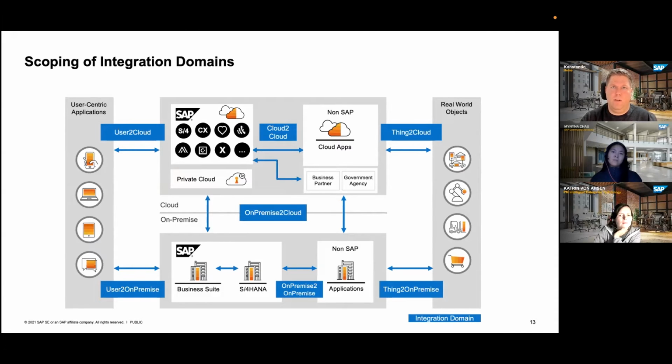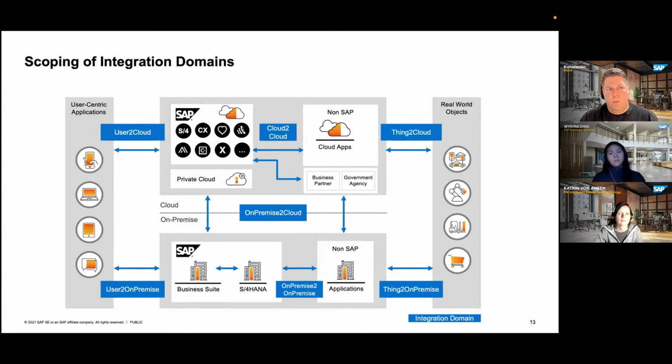You can think about the mobile app that you provide as a company, but also a good example is a commerce web shop that you provide to your end customers. And in the center, you can see the cloud space. So for example, different SAP cloud applications, but also non-SAP applications that run in the cloud. Below that, the whole on-premise system landscape, and on the right-hand side, the so-called real-world objects around IoT integration.